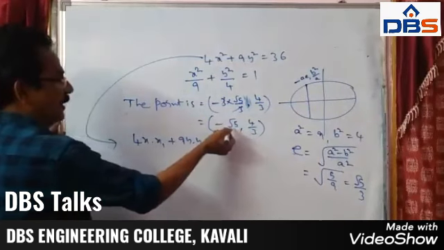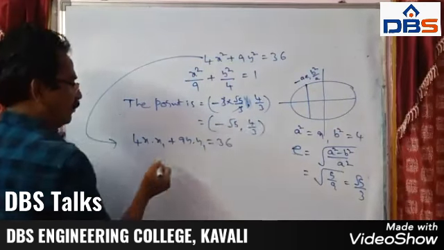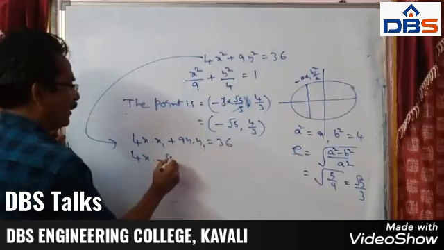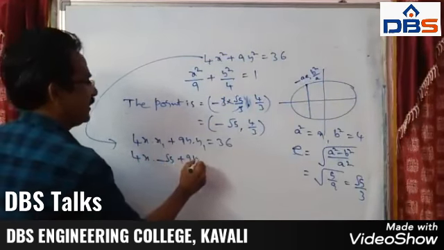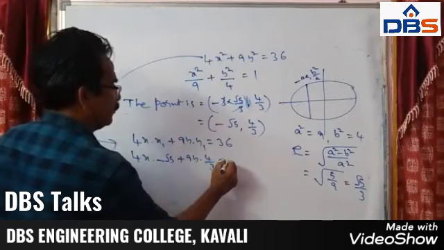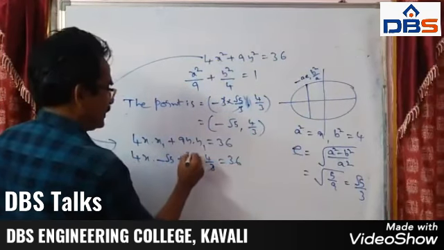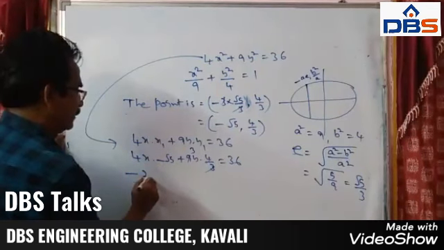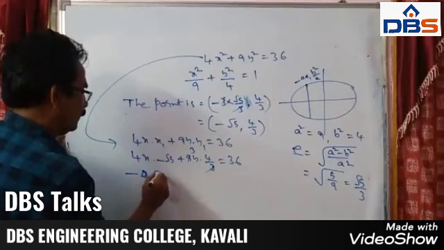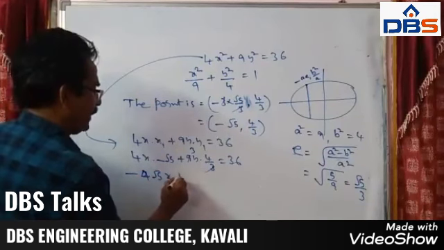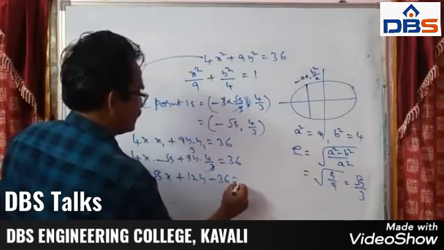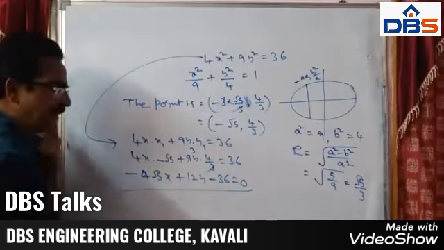Here x1 is equal to minus root 5, y1 is equal to 4 by 3. 4x into minus root 5 plus 9y into 4 by 3 is equal to 36. 3 threes: minus 4 root 5 x plus 12y minus 36 is equal to 0 is the required equation.